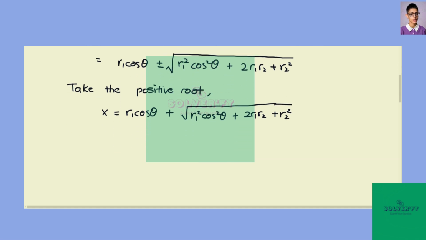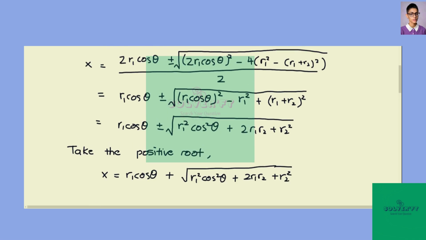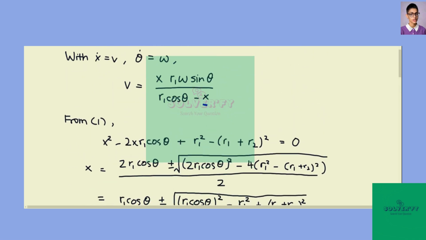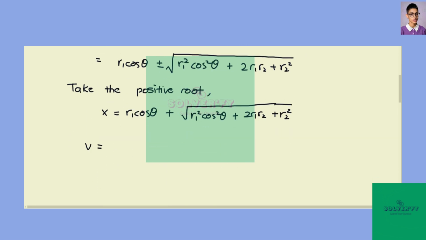Then we have v equals, looking back up here, x R1 omega cosine theta divided by R1 cosine theta minus x.